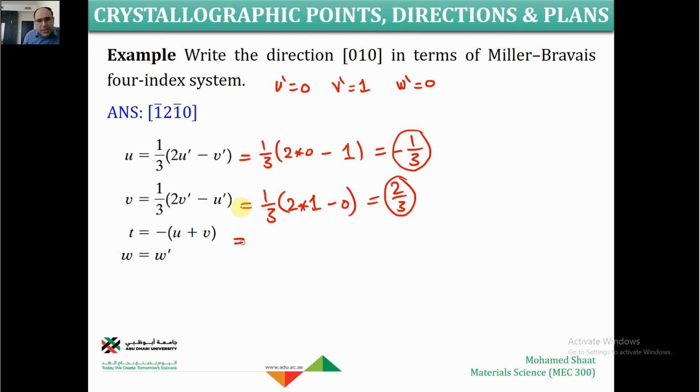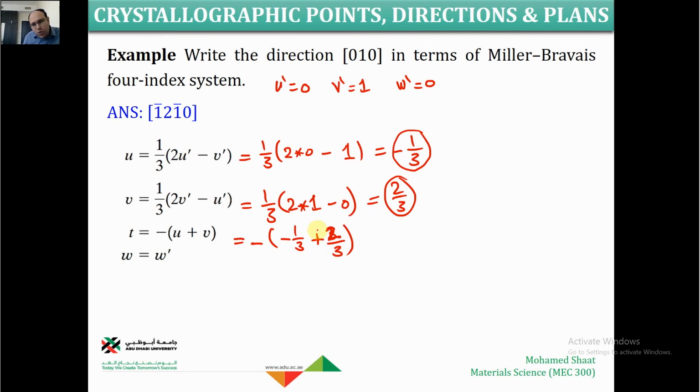How about T? T is gonna be negative U plus V. Remember, this is U, not U prime, and this is V, not V prime. U that we just calculated is negative 1/3, plus V, which we calculated as 2 over 3.